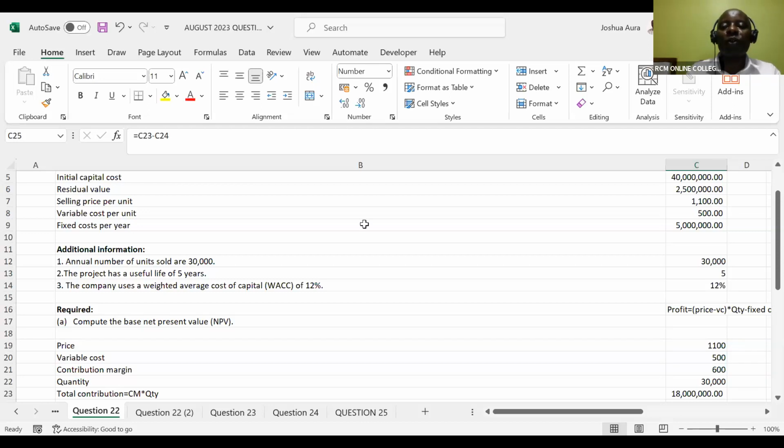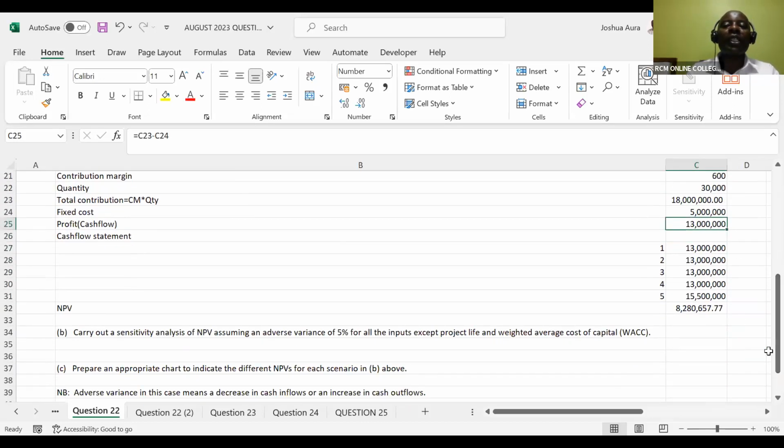So to simplify this, what I'm supposed to do is just to come and repeat this 13 million. I've got year 1 to year 5, so I've got here my 13 million that I'll write. I'm writing these things physically. Don't go for a shortcut.